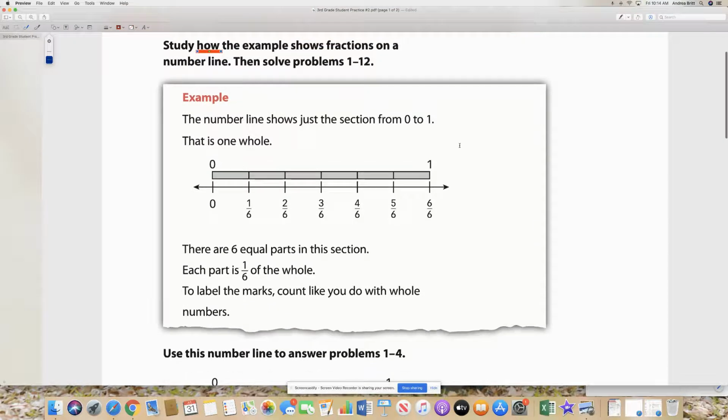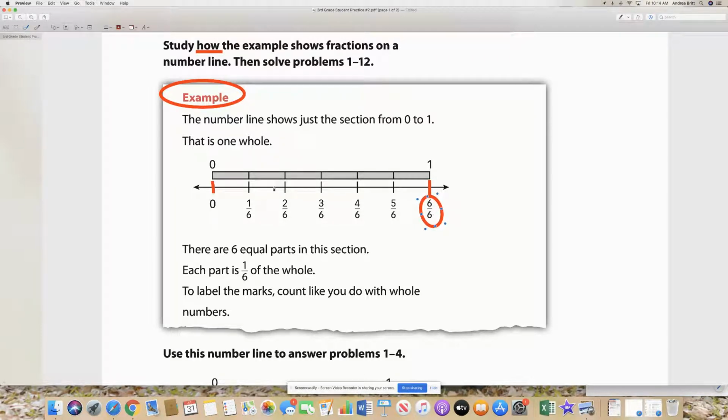So I'm going to go over this example right here. The number line shows just the section from 0 to 1. So from the beginning of the number line to, in this case, the end is at 1 whole. And we know 1 whole is the same thing as a fraction that has the same numerator and the same denominator.